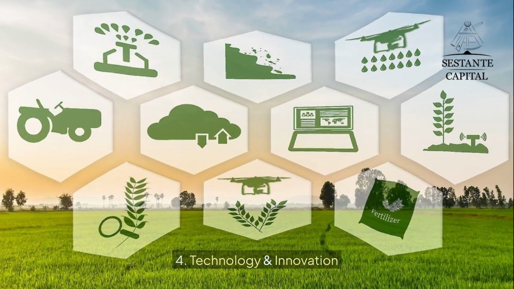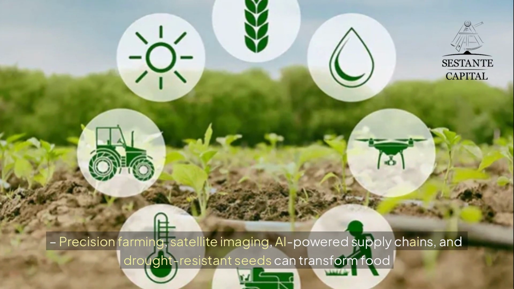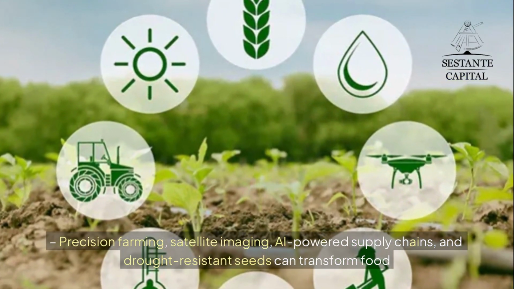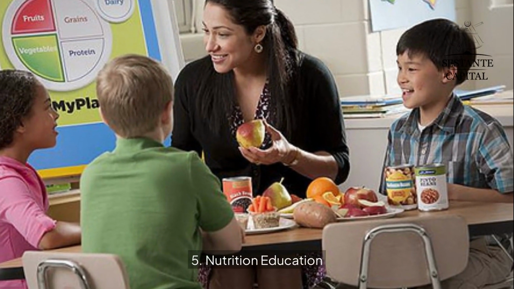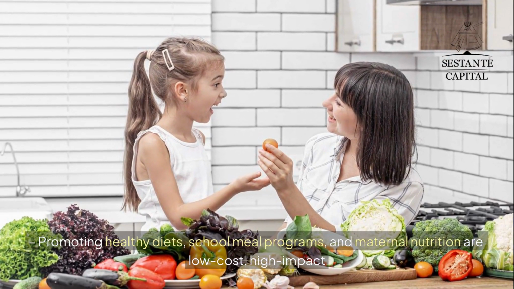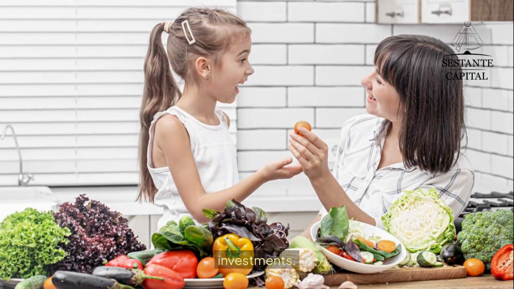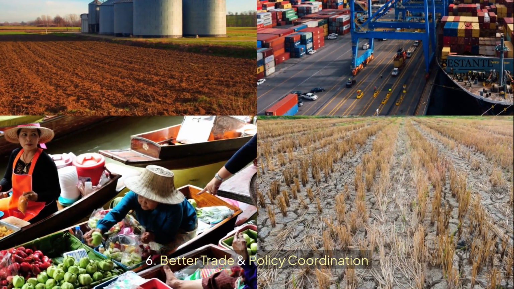4. Technology and innovation. Precision farming, satellite imaging, AI-powered supply chains, and drought-resistant seeds can transform food production. 5. Nutrition education. Promoting healthy diets, school meal programs, and maternal nutrition are low-cost, high-impact investments. 6. Better trade and policy coordination.